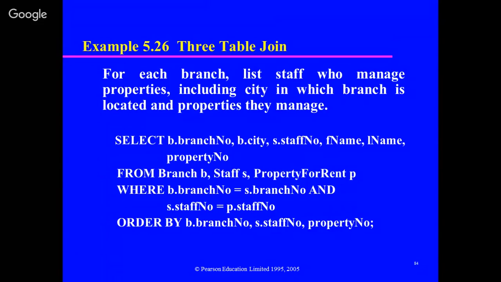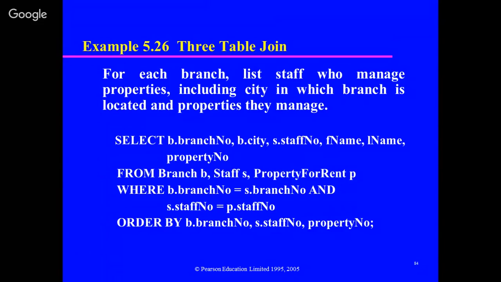Now this can be a bit tricky. How do you arrive at the join conditions? In general, if there are n tables in my from clause, the number of join conditions is n minus 1.